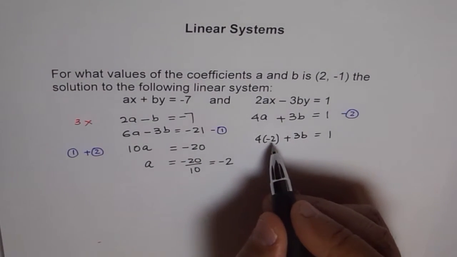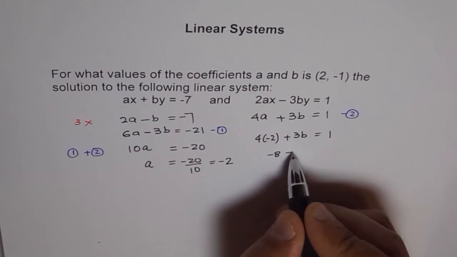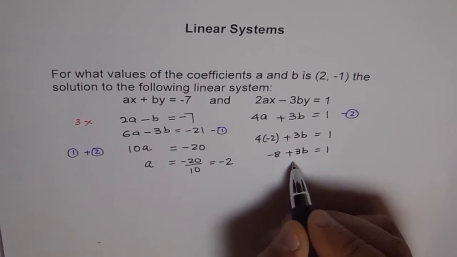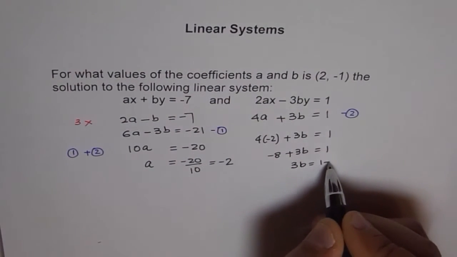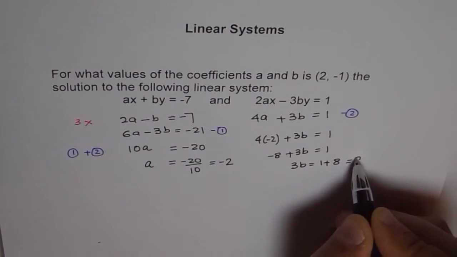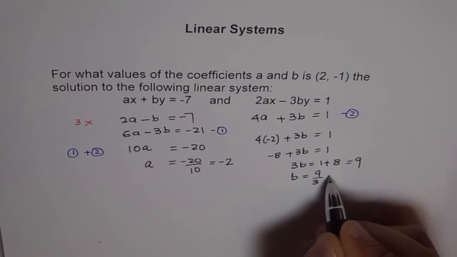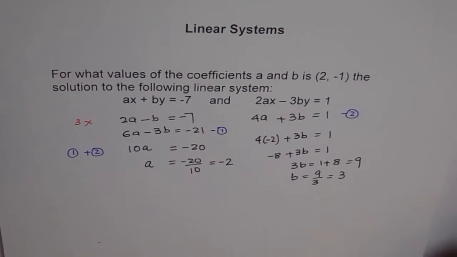And 4 times -2 is -8, so -8 + 3b = 1. If I take it on that side, I get 3b equals 1 plus 8, which is 9, right? And therefore b equals 9 over 3, which equals 3, correct?